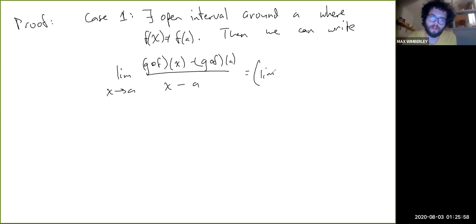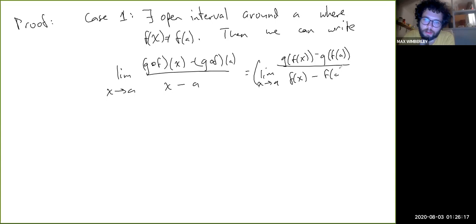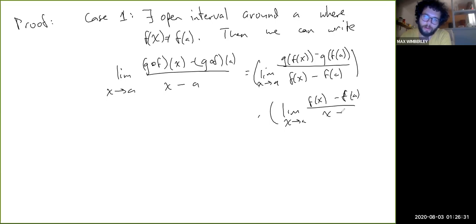We can separate the limits into a product: the limit of g of f of x minus g of f of a over f of x minus f of a, times the limit as x approaches a of f of x minus f of a over x minus a.